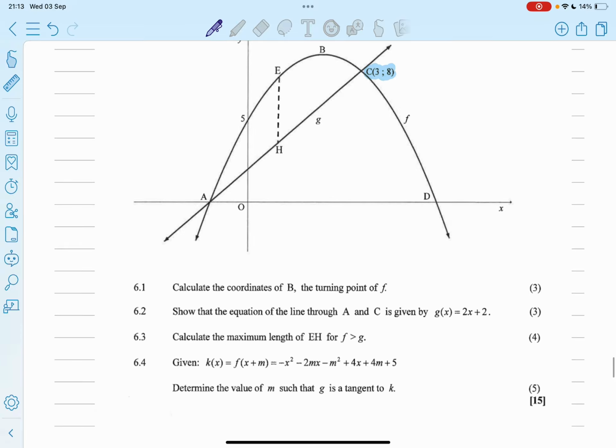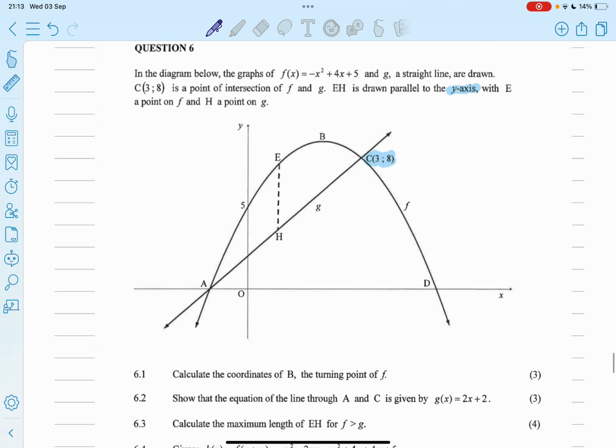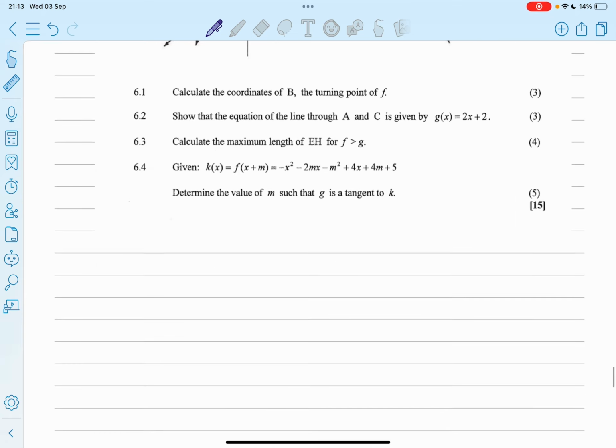So they want us to calculate the coordinates of B, which is the turning point of F. So here we've been given the equation of our parabola. So we can then use the turning point equation to get the x coordinate of our turning point. So that equation is x of your turning point is equals to minus b over 2a.